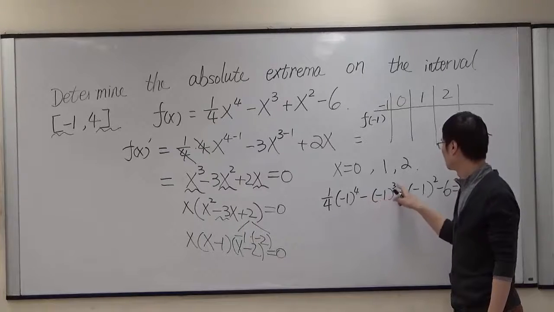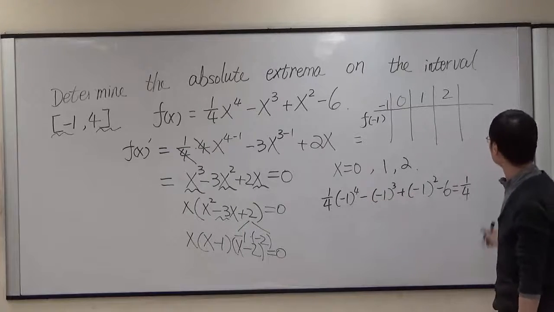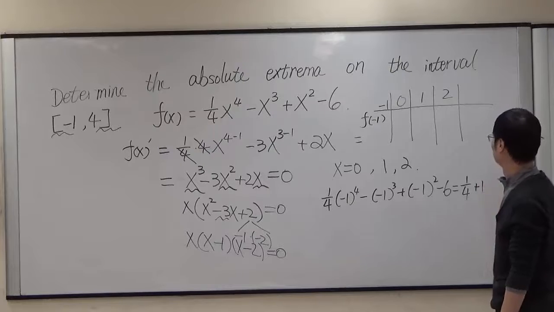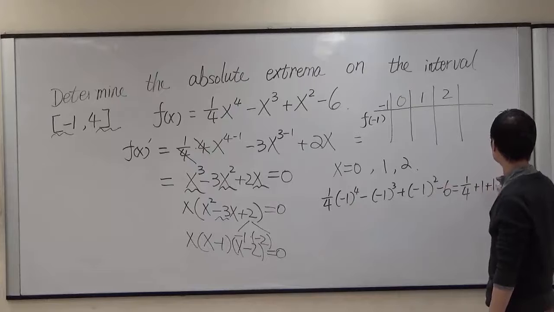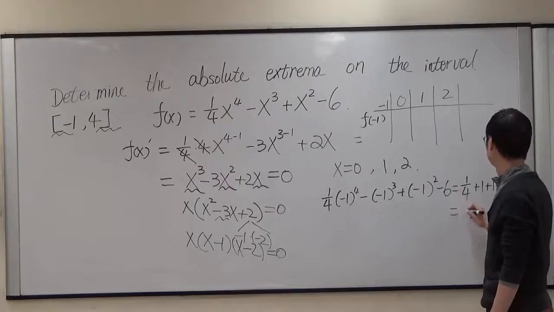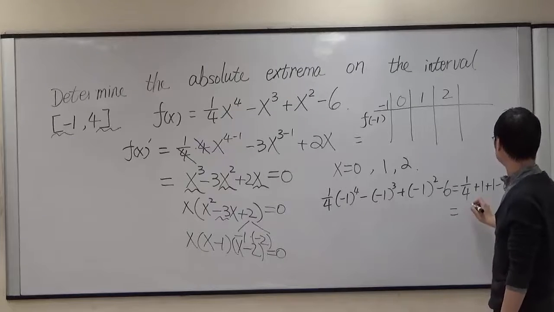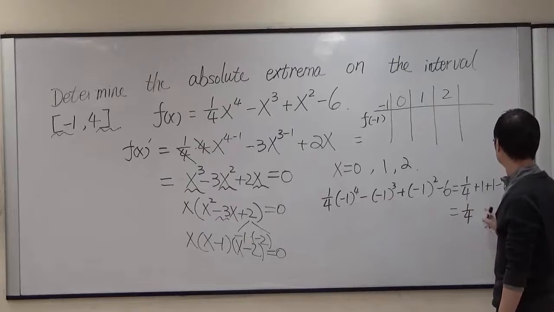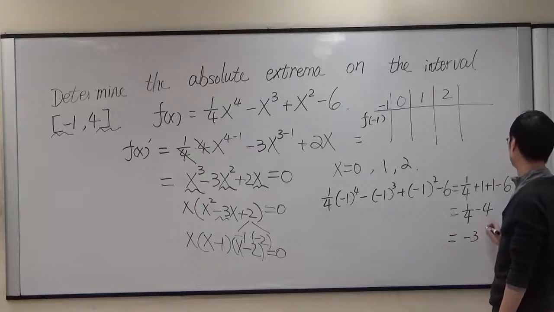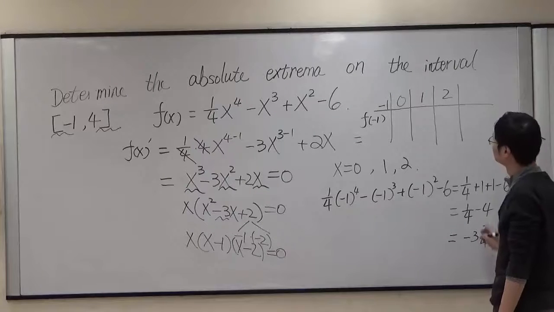Subtract -1 to the 3rd power, which is negative, so that's plus 1. And -1 squared is 1. Subtract 6. So we have 1 over 4, 1 plus 1 is 2, 2 minus 6 is -4, and the result will be -3 3 over 4.